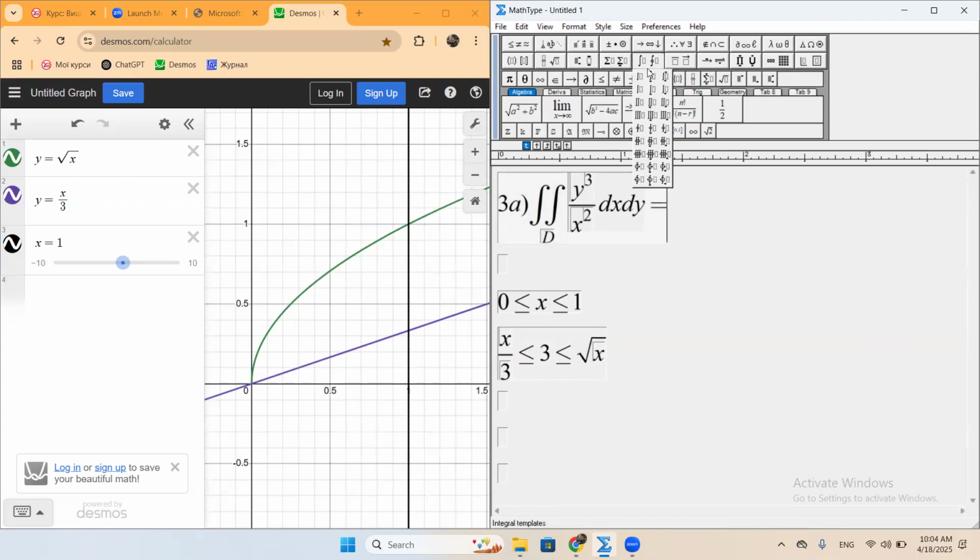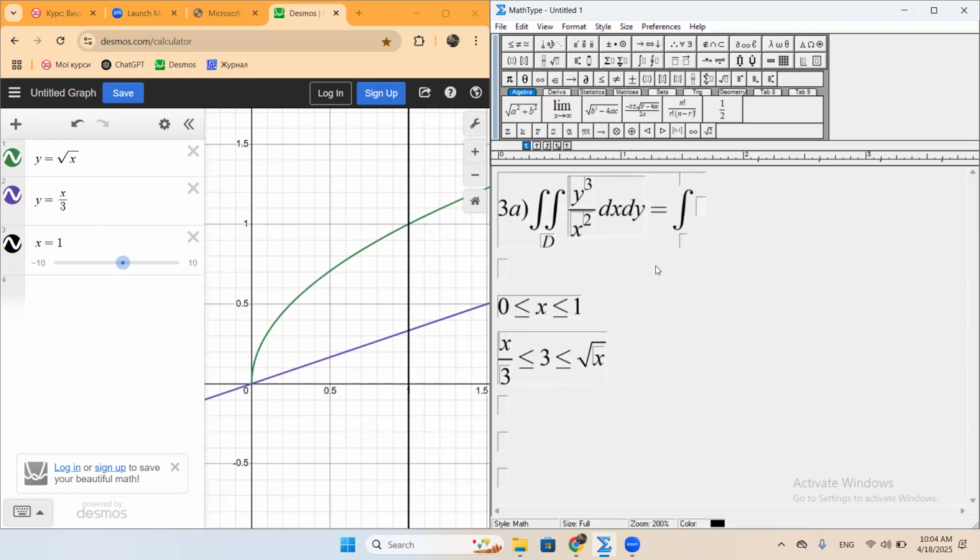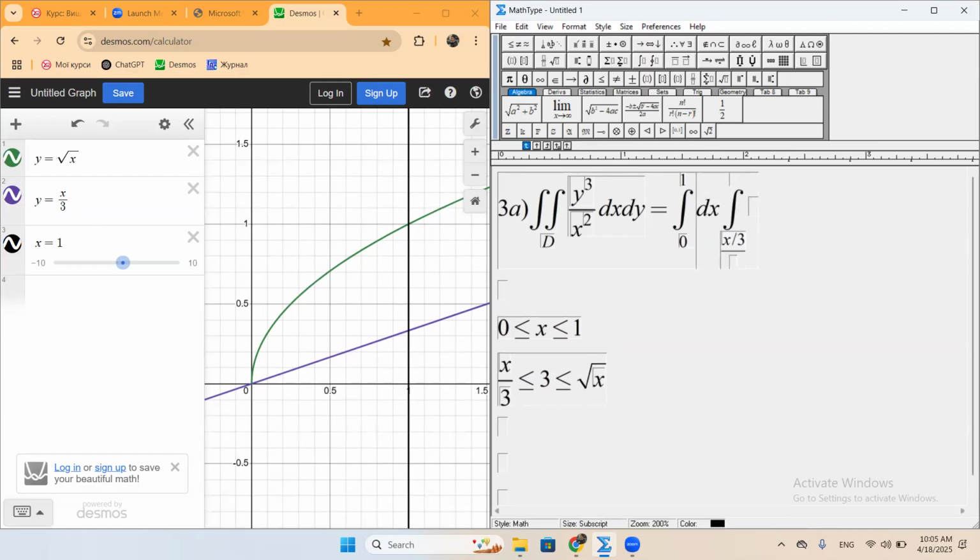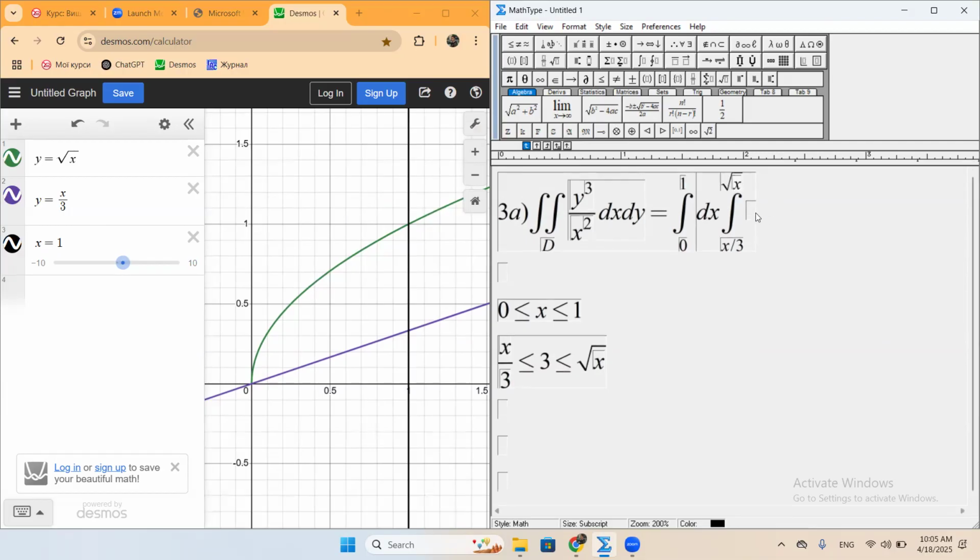And now we can set up limits of integration, from x over 3 to square root of x.